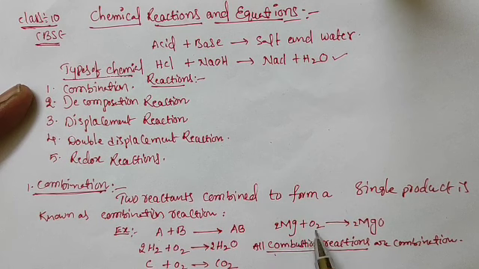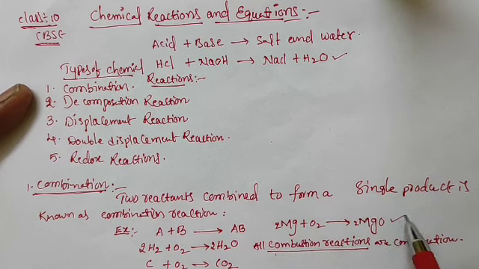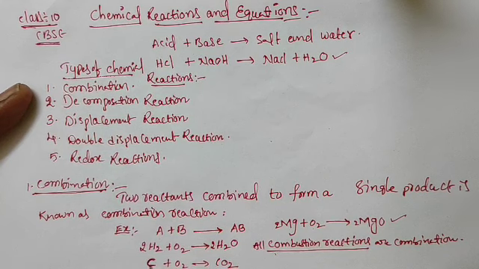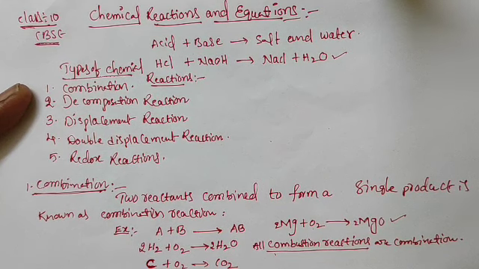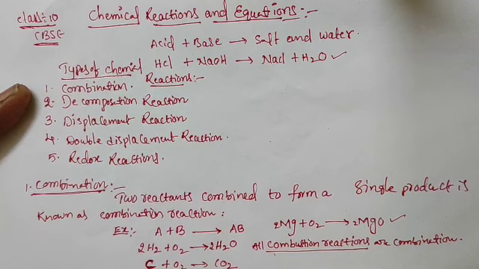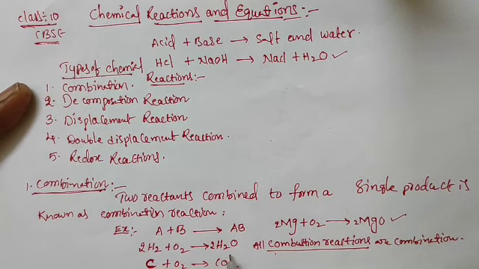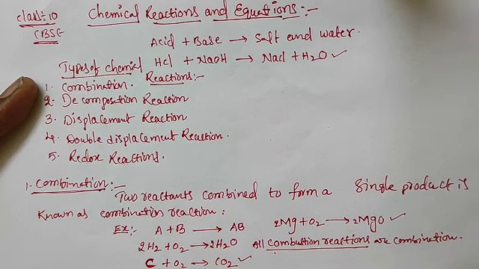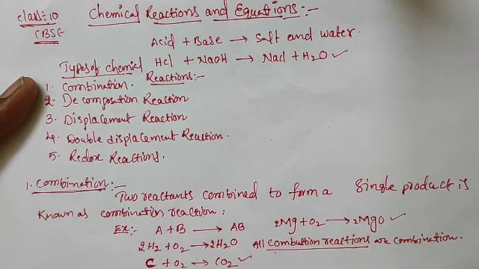Magnesium ribbon burning is combustion, but also a combination. Carbon, charcoal or coal burning in the presence of oxygen gives CO2. This is also combustion, but it is a combination reaction. This is about the combination reaction.